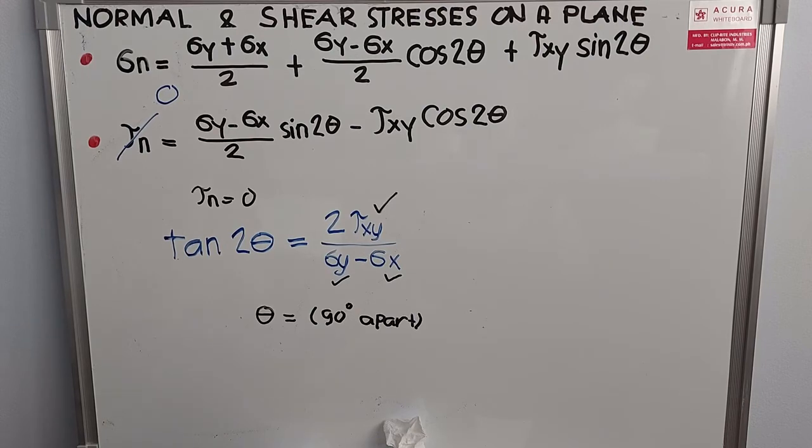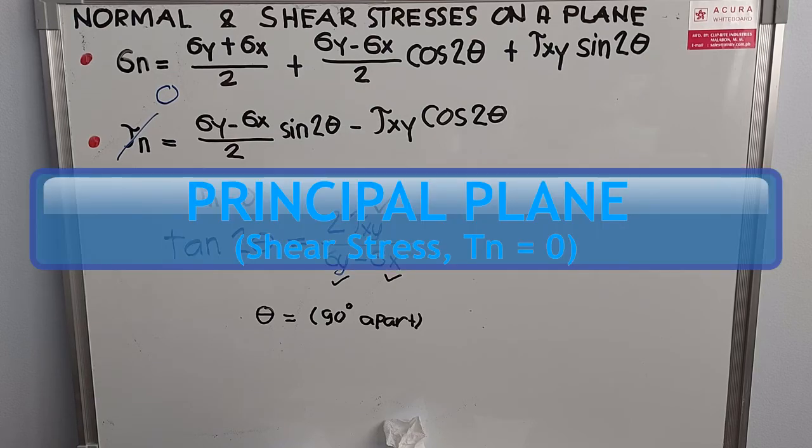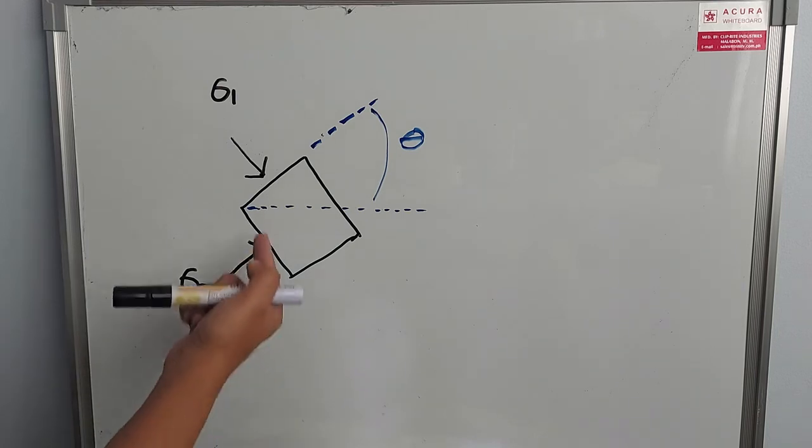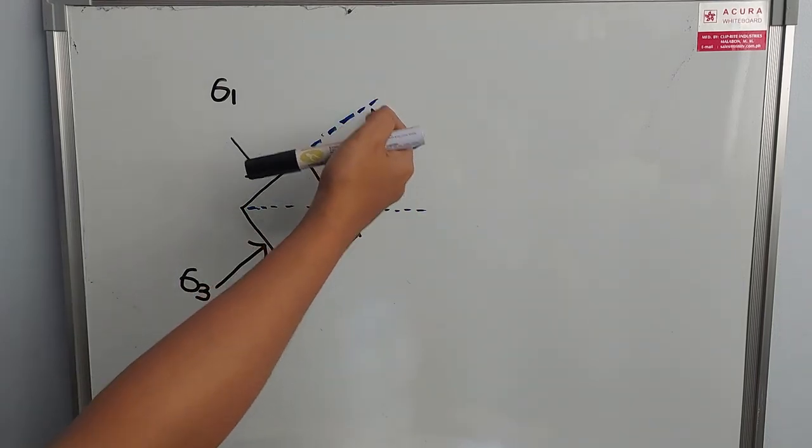So the plane where there is a zero value for shear stress, we call that a principal plane. Of course, on the principal plane, there's still a normal stress acting on it. So the normal stress acting on the principal plane is called the principal stress. So you have here your horizontal plane, that is your angle.